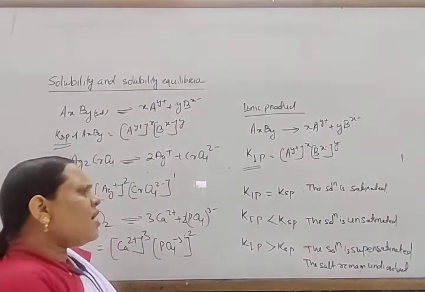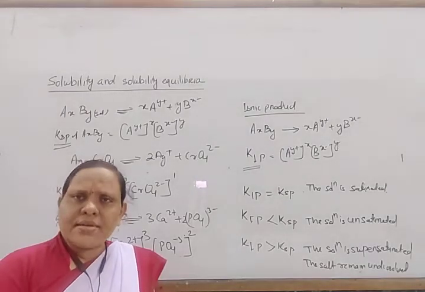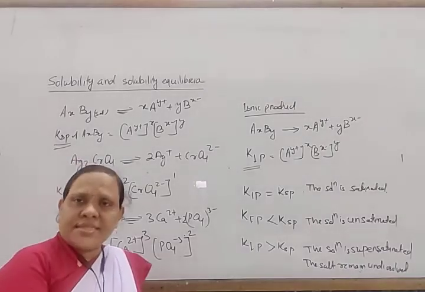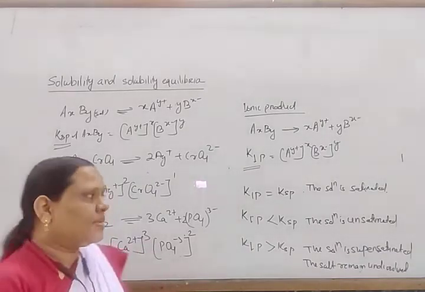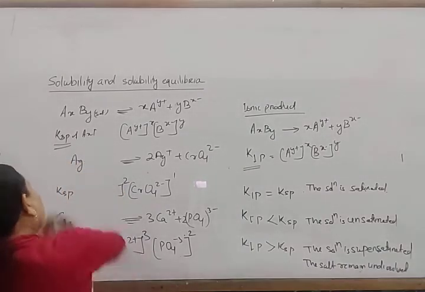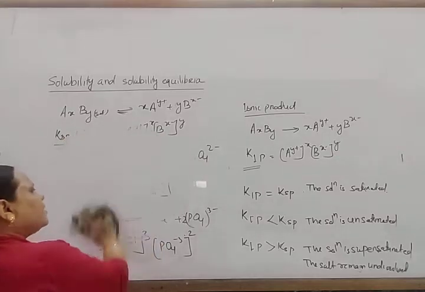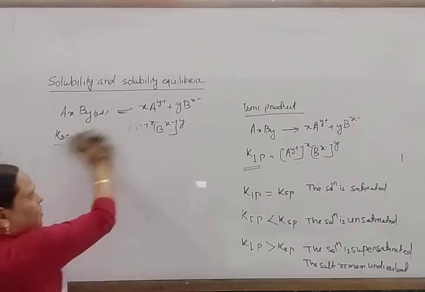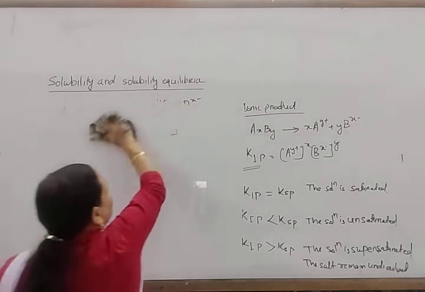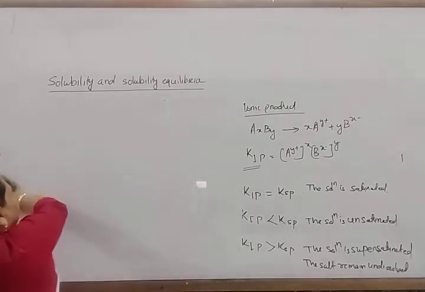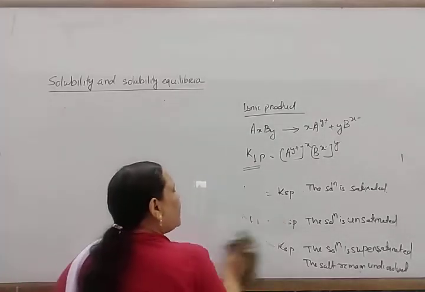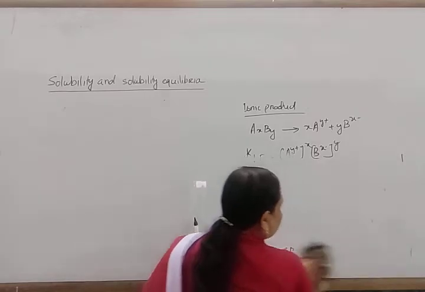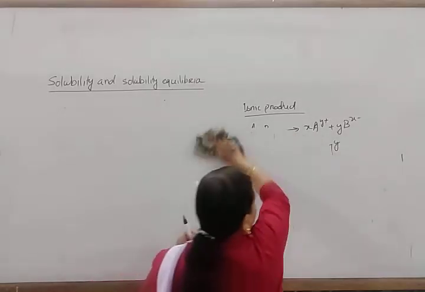Next, the solubility of the salt can be expressed either in grams per liter, or in percentage, in different ways. But it is better to express the solubility of the salt in moles per liter. So if the solubility is expressed in moles per liter, then what is the relation between the solubility of the salt and the solubility product?